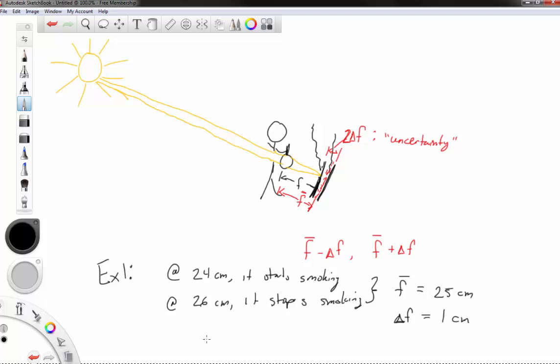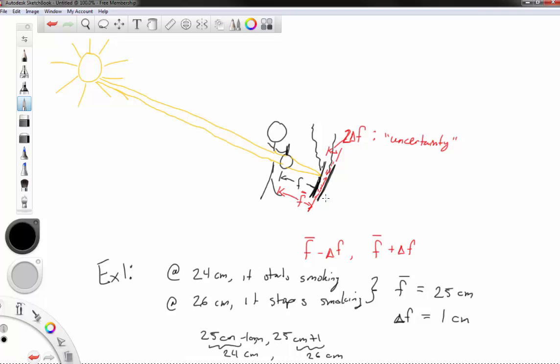So your range over which it smokes is 25 centimeters minus 1 up to 25 centimeters plus 1. This one, you notice, is 24 centimeters, and this one is actually 26 centimeters. So that is how we find our range the easiest way.